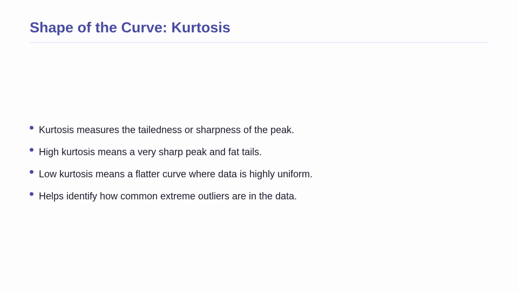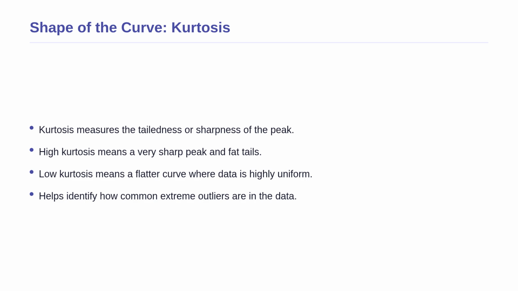While skewness looks at symmetry, another measurement looks at the peak. This brings us to kurtosis. Kurtosis measures the tailedness, or the sharpness of the peak of the curve. A distribution with a very sharp peak and fat tails has high kurtosis.